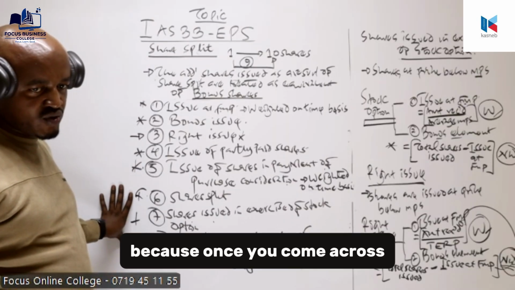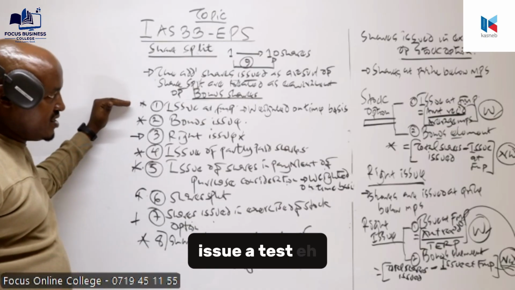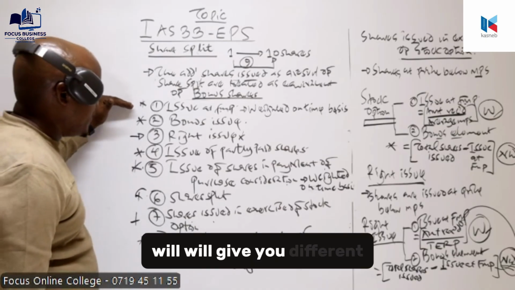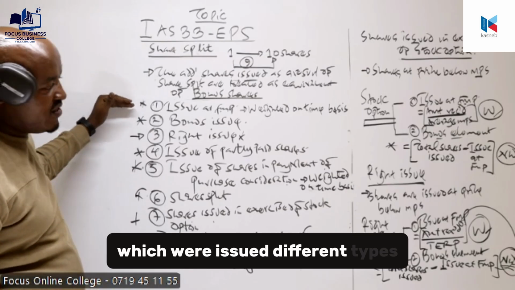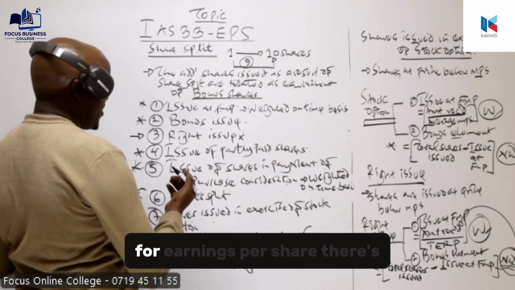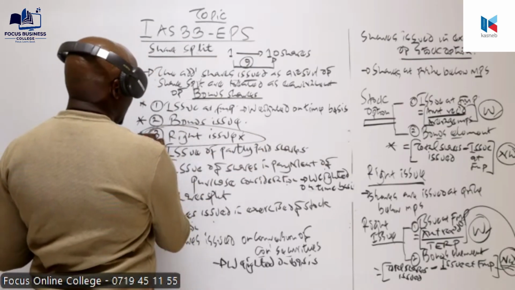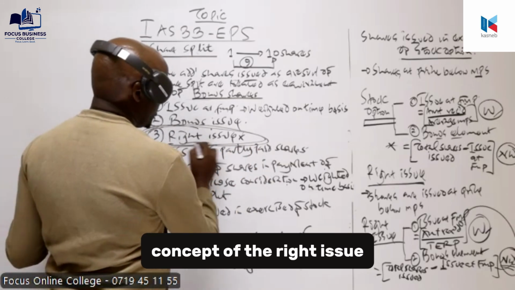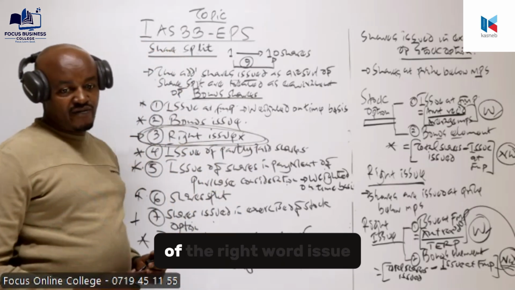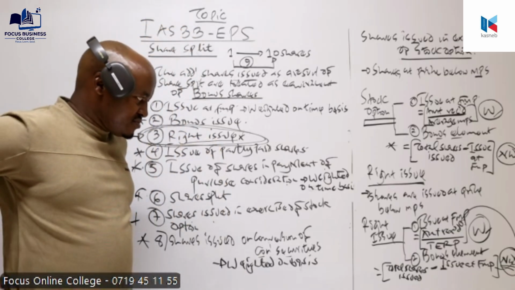Once you come across a question, the examiner will give you different types of shares which were issued, different types of issues. But the one which is common in all questions for earnings per share, you'll come across the concept of the right issue. Simply because of two things here.